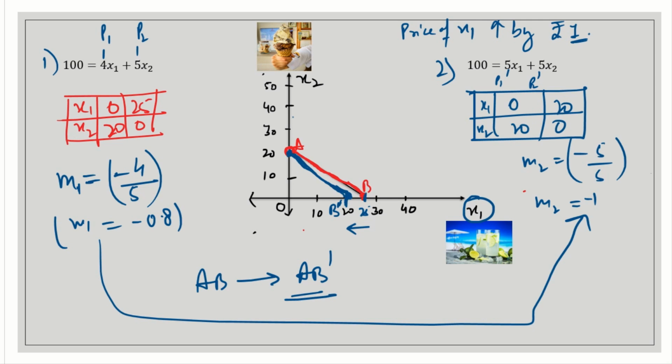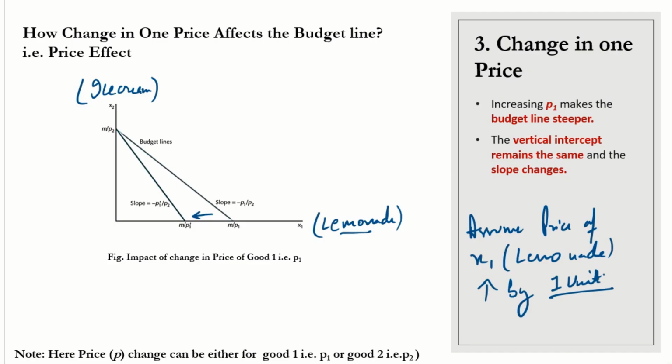So it shifted from AB to AB prime, so in this direction the shift has taken place, right? Like you can think of a clockwise shift in the point B. So this is what the change is due to alteration in the price of the lemonade.